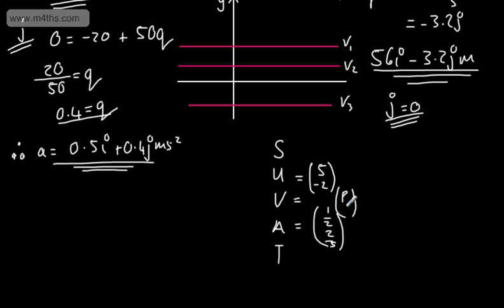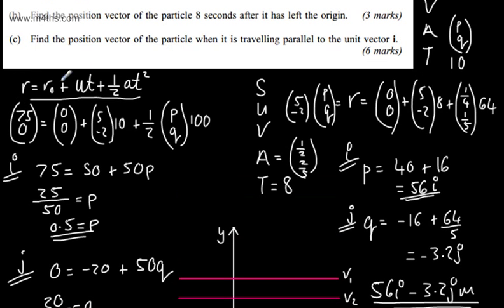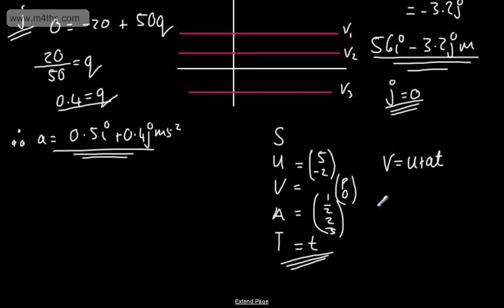So I could just define the i component to be p and the j component to be equal to 0, and we can find t. Once I've solved for t using v equals u plus at, I'm going to substitute that back in to find the position. So let's use this to find t. We have p, 0, which is the velocity vector. Remember, there is 0 in the j direction. We've got 5, negative 2, and we're going to add to that 1/2, 2/5 t.